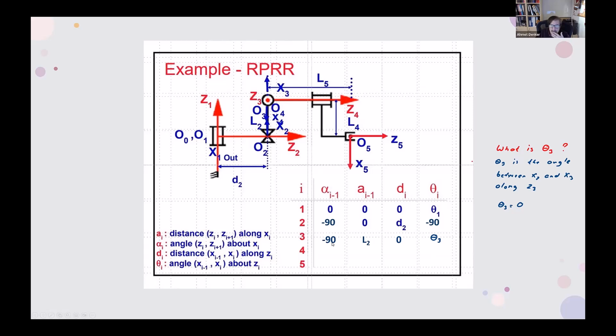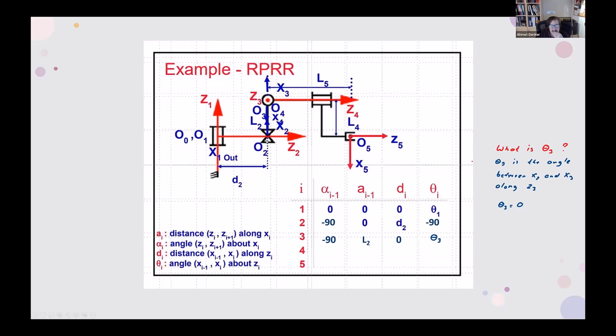And can we look at the other parameters? Alpha. Alpha is the angle between Z2 and Z3. Of course, the angle between Z2, which is going in this direction, and Z3, which is coming out, is going to be 90 degrees, again by using the right hand rule.